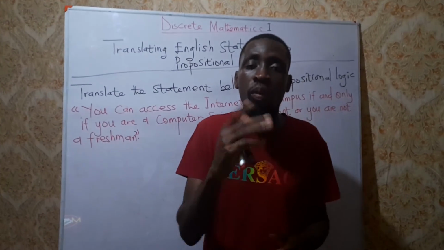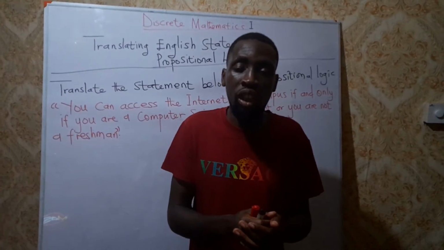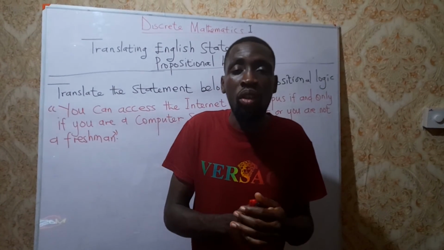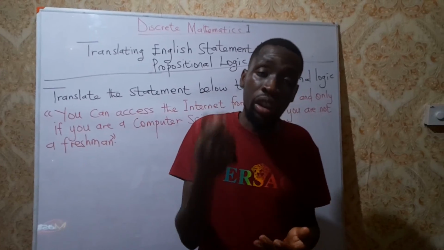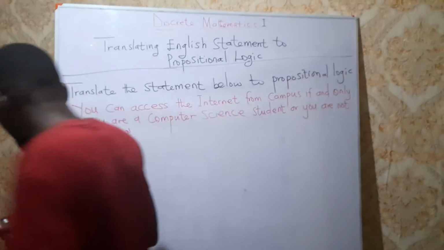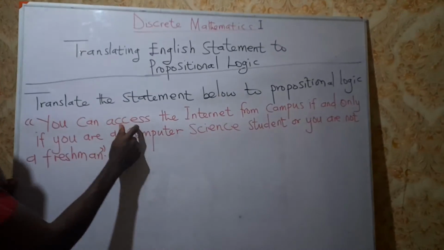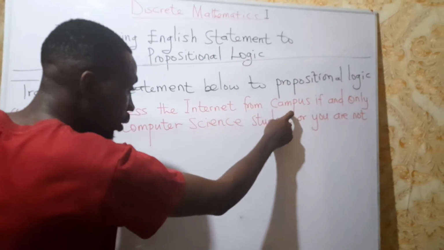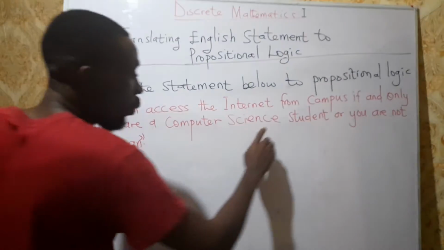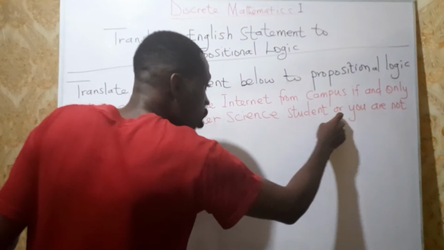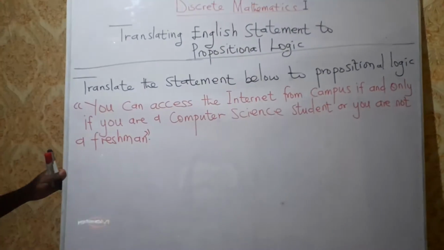So please now pause the video and try to see if you can translate the English statement on the board to a logical statement. The statement is that you can access the internet from campus if and only if you are not a computer science student or you are not a freshman.